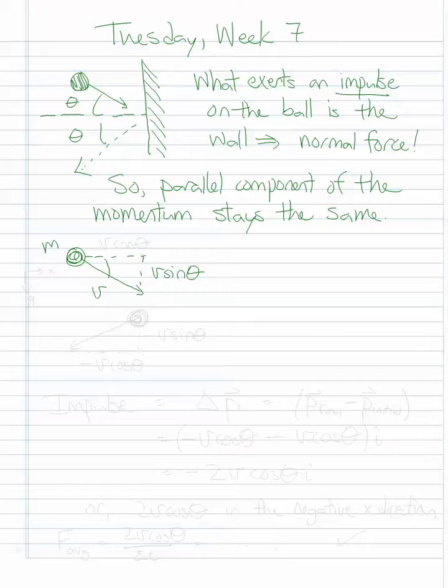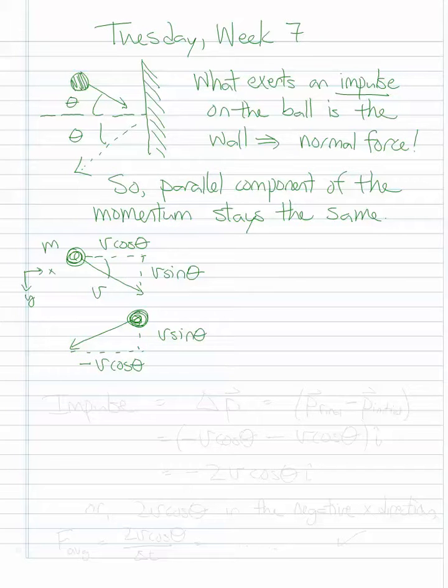That's the only way you can have the same speed later on. And so afterwards, the ball leaves with that same V sine theta, but now V cosine theta is going in the opposite direction. So if we chose our axes, positive x and y, to be down this way, then it's a negative component, V cosine theta, back out.